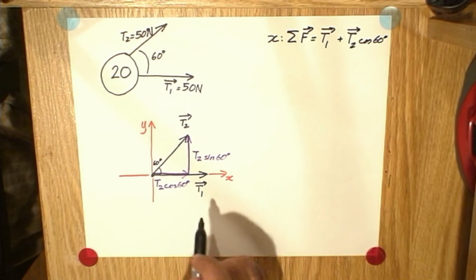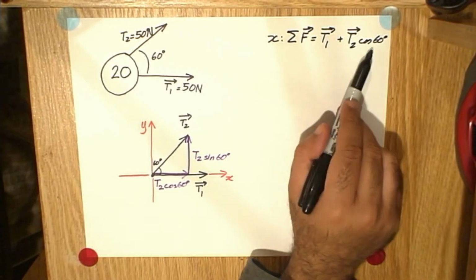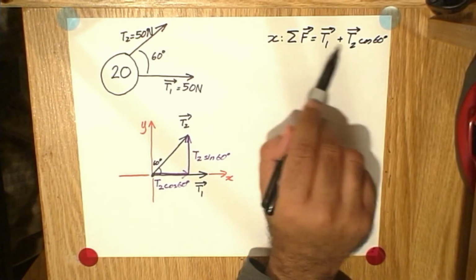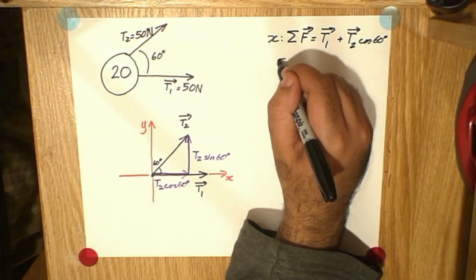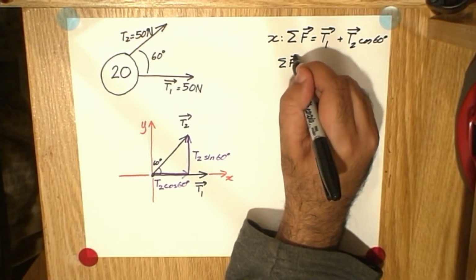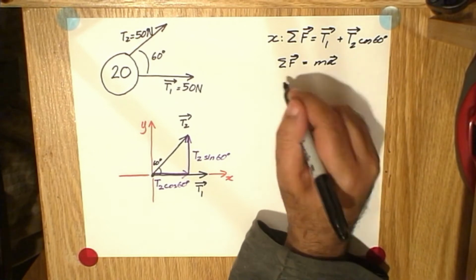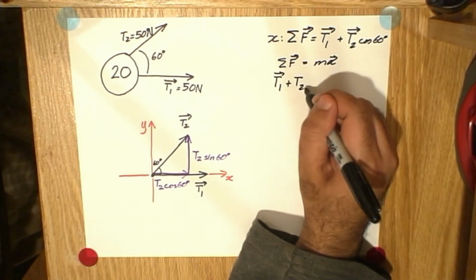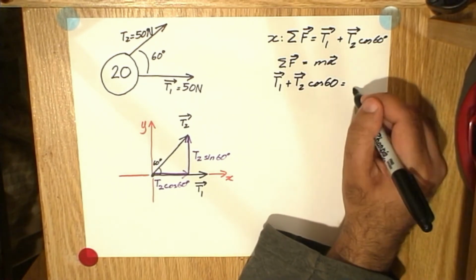So if we were to take a look at these two quantities, T1 and T2 cos 60 degrees, these two quantities put together have to be equal to mass times acceleration, because total force in the x direction is equal to mass times acceleration. So T1 plus T2 cos 60 equals ma.